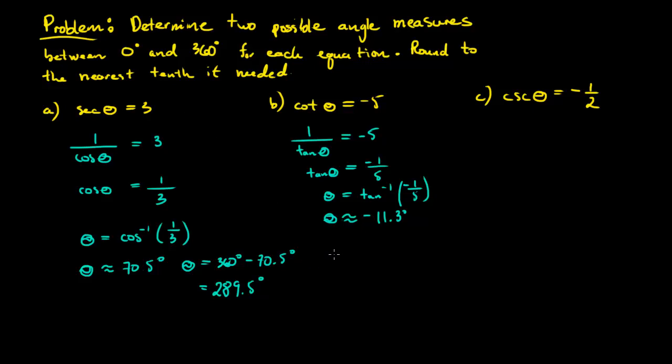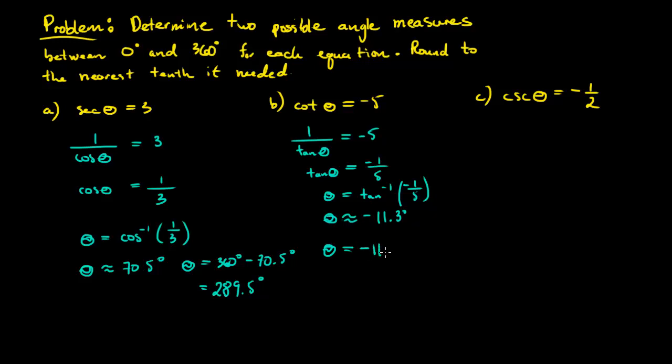One possibility is that I can find a coterminal angle. I can just add 360 degrees to -11.3 degrees. So one possible value of theta between 0 and 360 degrees would be an angle coterminal to this one, the principal angle.